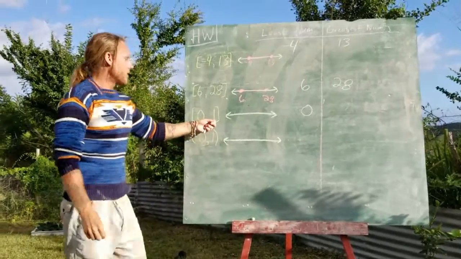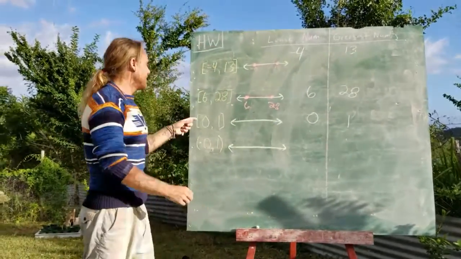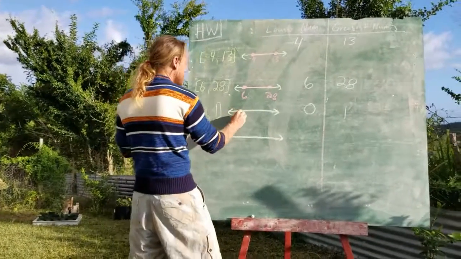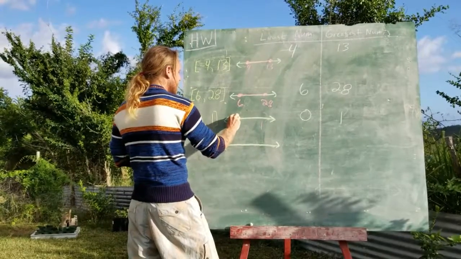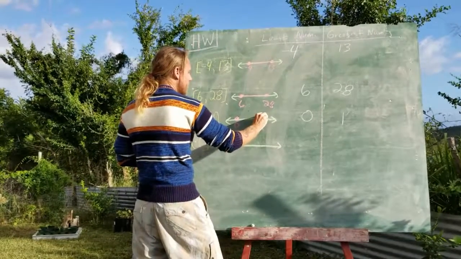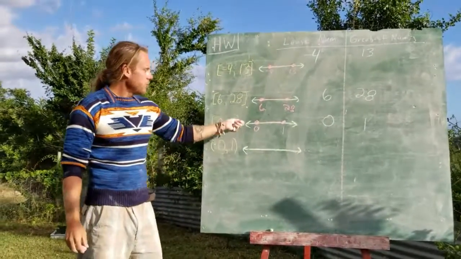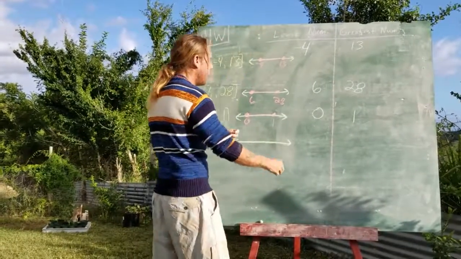Is there a number greater than 1? No, 1 is our greatest number within the interval. Seeing the endpoints here, they're all included. Let's graph it. 0, 1. The interval consisting of all the real numbers between 0 and 1, including 0 and 1. Nothing less than 0, nothing greater than 1.